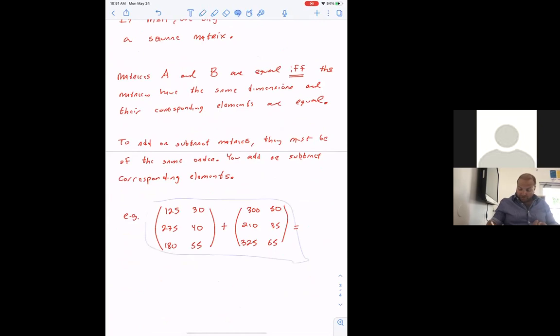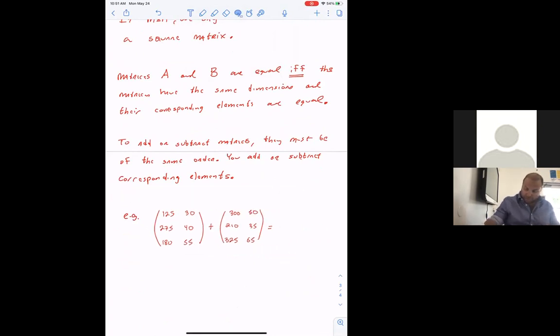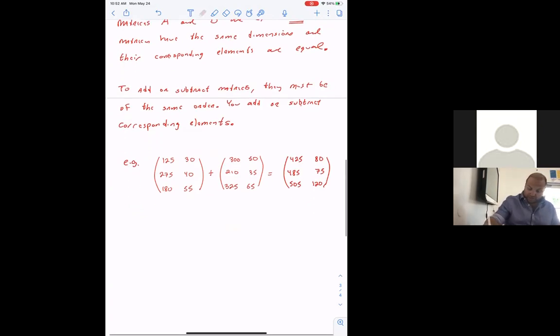They are both, in this case, 3-row, 2-column matrices. So because they are of the same order, we are allowed to subtract, or add in this case. And how do we do that? We just add corresponding elements. So 125 plus 300 is 425, 30 plus 50 is 80, 275 plus 210 is 485, 40 plus 35 is 75, 180 plus 325 is 505, and 55 plus 65 is 120. Hey, we just added our first two matrices. Mazel tov.